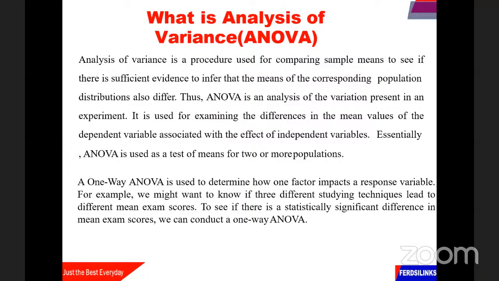You cannot give a single exam for all of them to write, but when they write, you want to see if performance varies with respect to which group you belong to. Maybe those in group A will perform far better than the rest, or maybe group D performs worse than the other three groups. So when you have such a scenario, we can use analysis of variance.